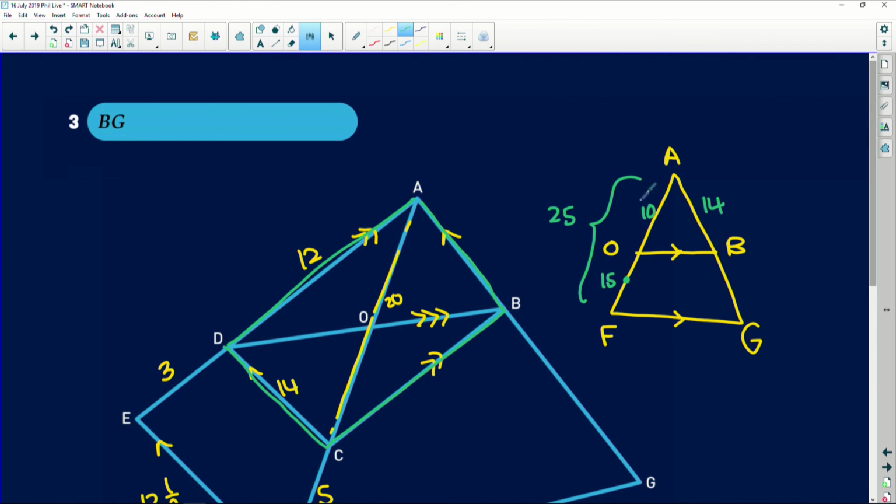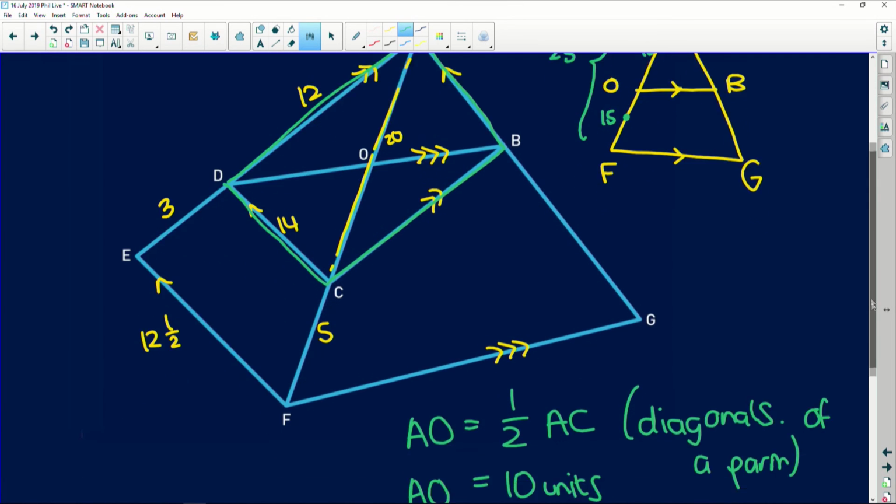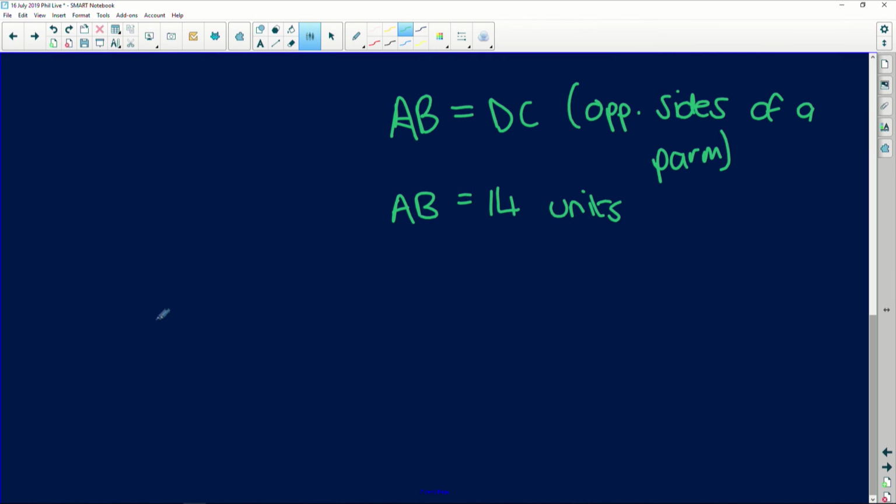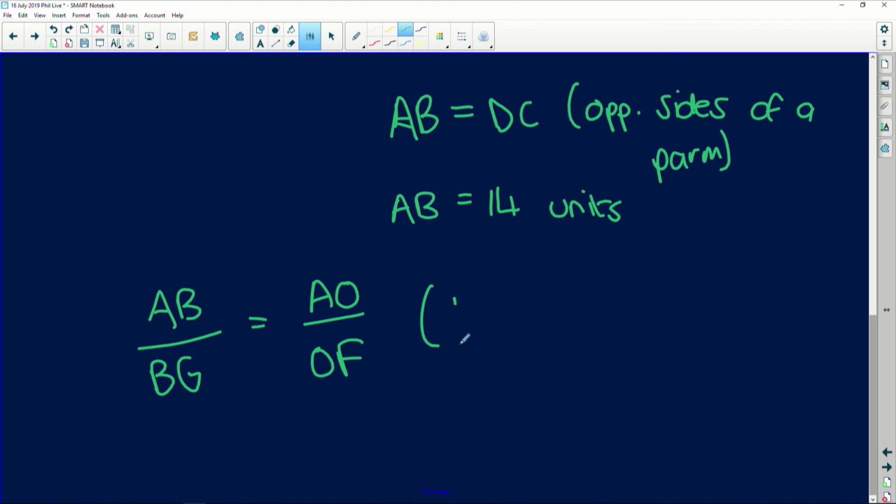So now, easy peasy, we just use our ratios. So AB over BG is equal to AO over OF. Don't forget your reason: line drawn parallel to one side of the triangle.